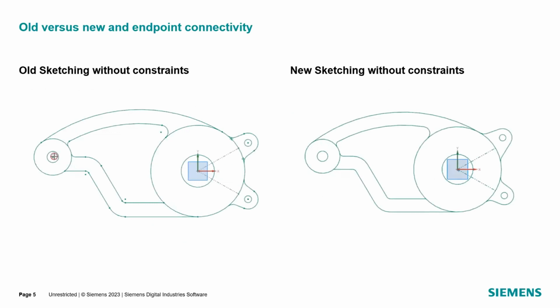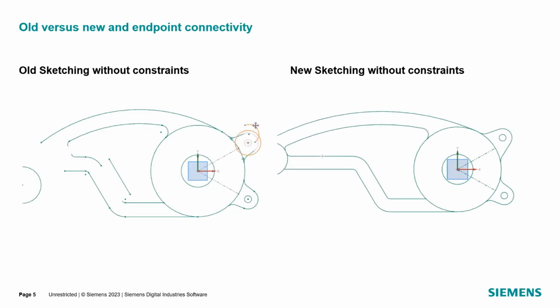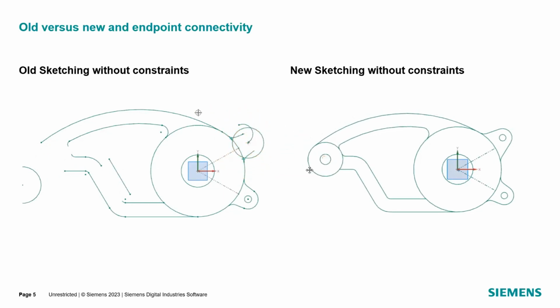So one area is, with the previous sketching environment, if you didn't have all the constraints and so on, as you started to drag or move geometry around, things would disassociate. They would disconnect. You'd have to go back in and do certain work with that. So now with the new Sketcher, there is a connectivity.